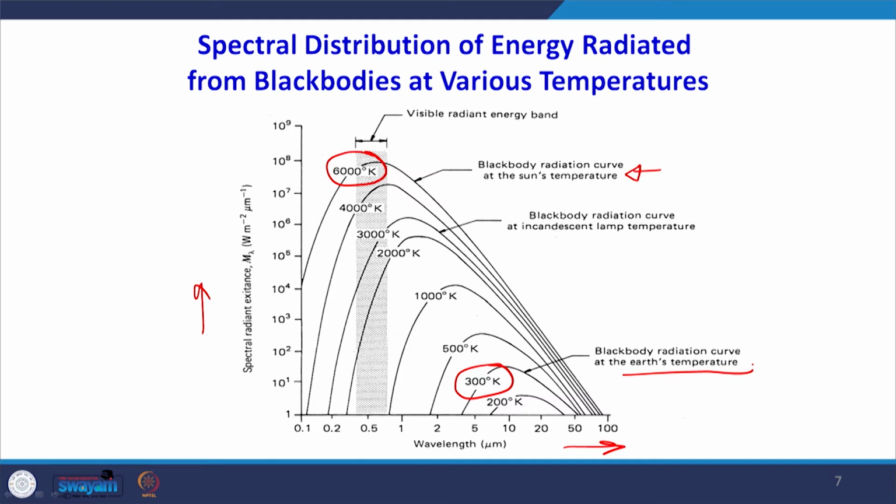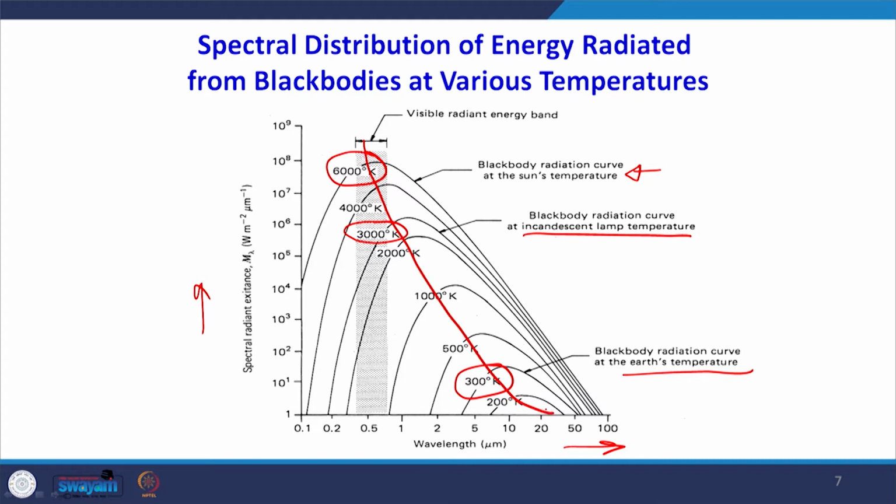If we raise the temperature, like a lamp, the black body radiation curve at 3000 degree Kelvin has its peak somewhere between the two, sun and the earth. So this diagram shows that the peak emitted radiation will shift from lower wavelength to higher wavelength. If I join the peaks, I will have a curve something like this.